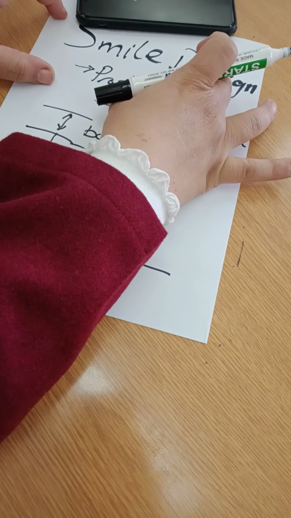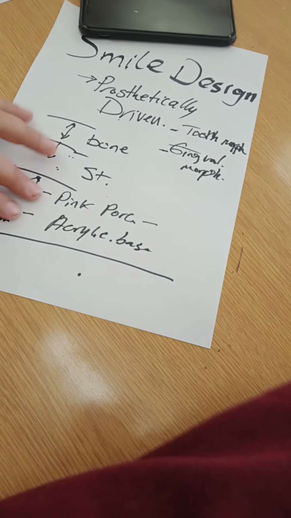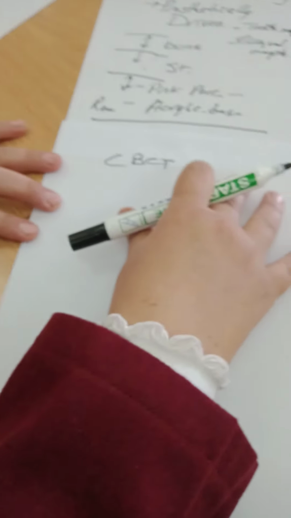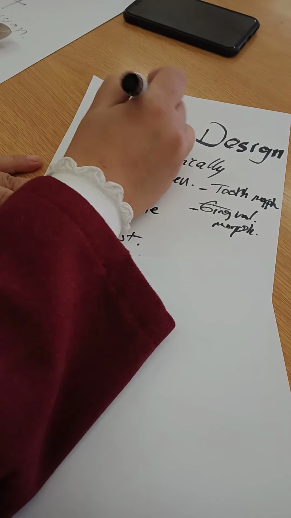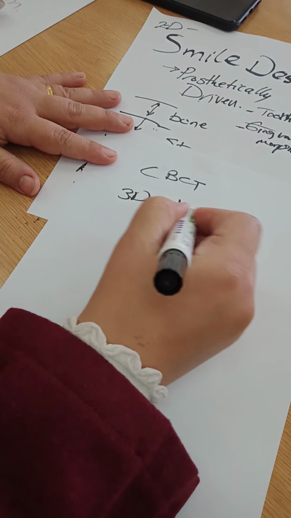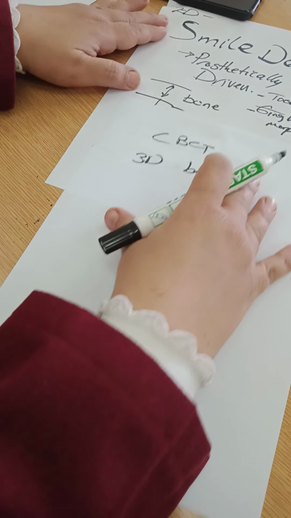But we already have the technology where we have the CBCT, where we see the 3D view of the bone, because most of the smile designs I'm talking about are 2D only. The CBCT gives me a 3D image of the bone alone, and doesn't give me a lot of soft tissue information.